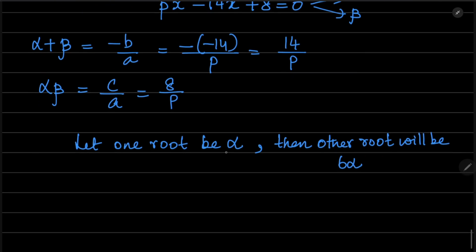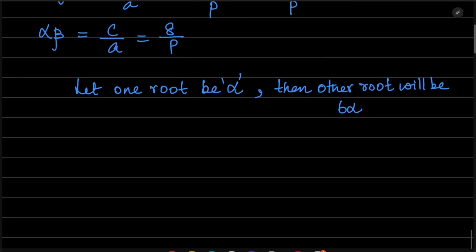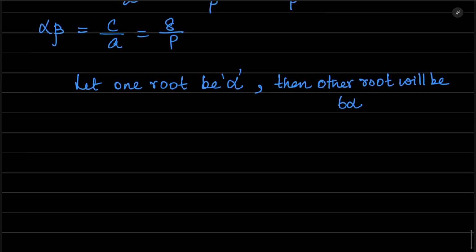Okay, now for this you have to find the value, right? We have to find the value of p, for which one of the roots of the equation is 6 times the other. Now, let one root be alpha, the other is 6 times alpha.